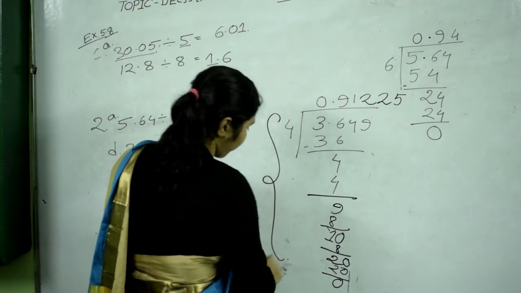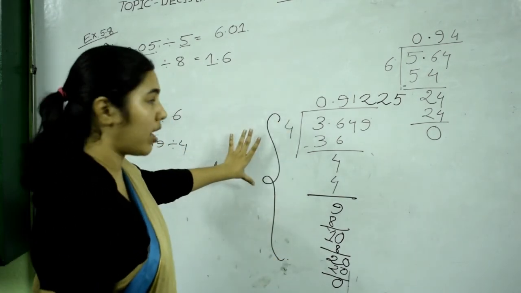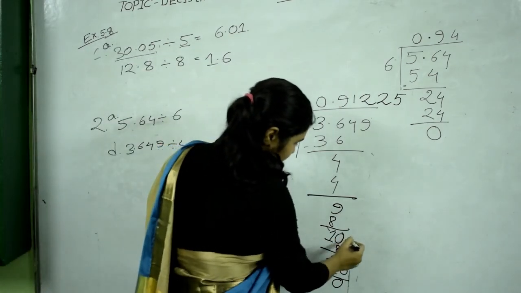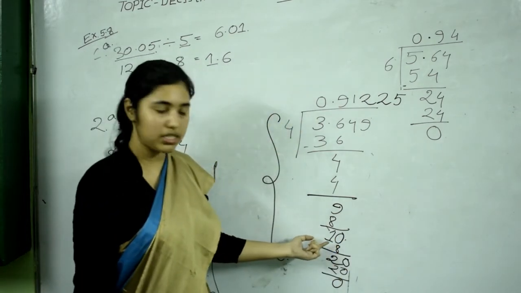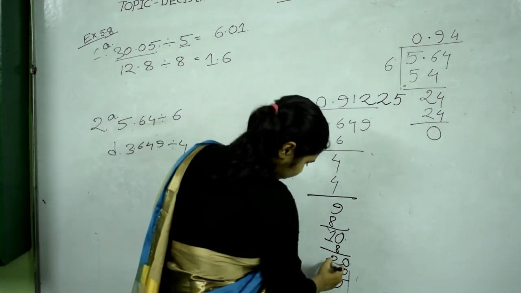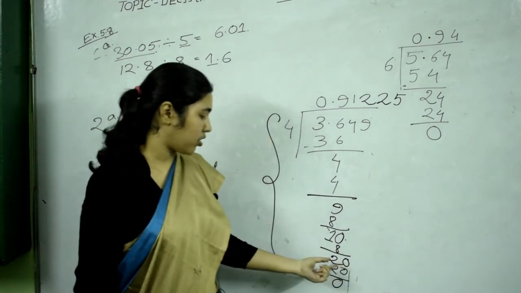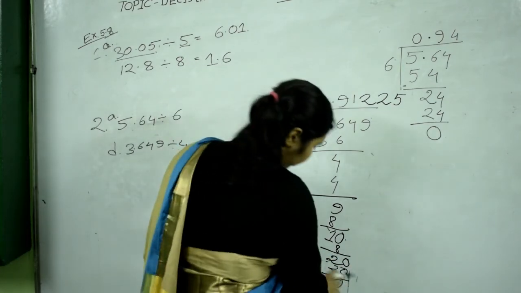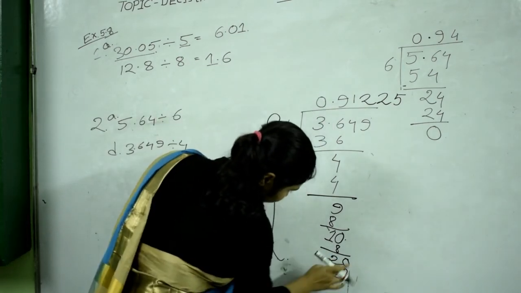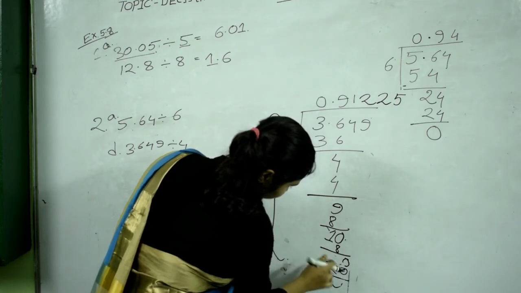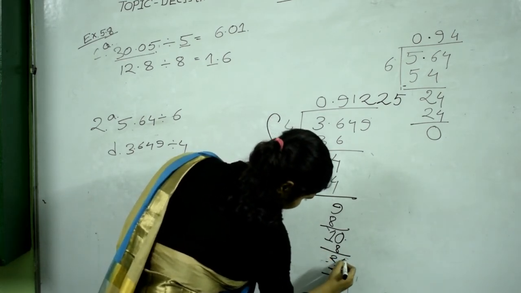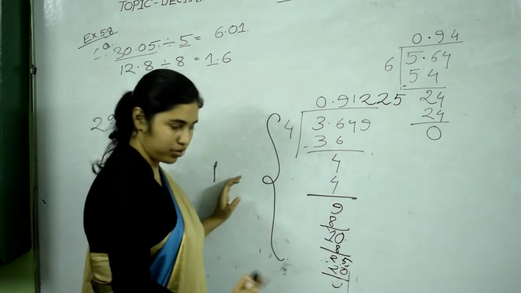This type of problem is an exceptional case. Here we have to consider an extra 0, and then again we have to consider 1 extra 0. Now suppose here we will get 25.